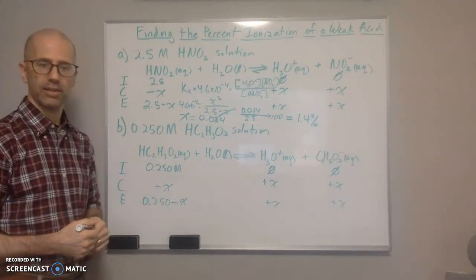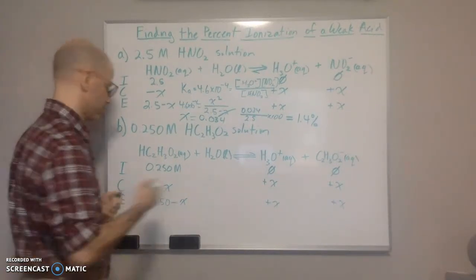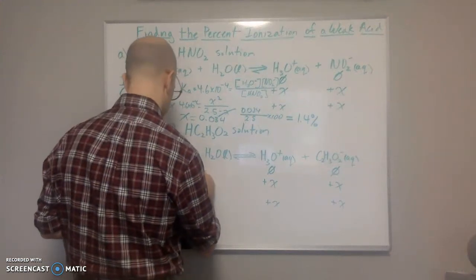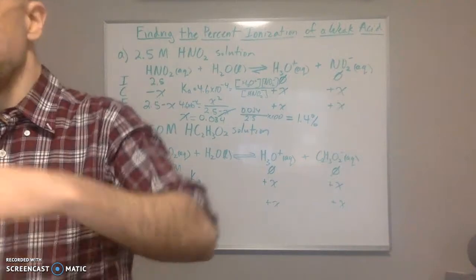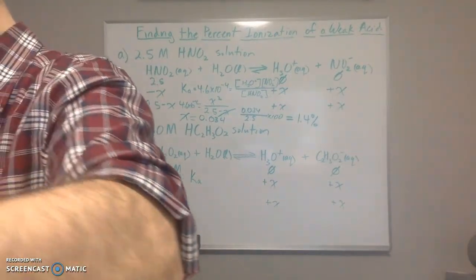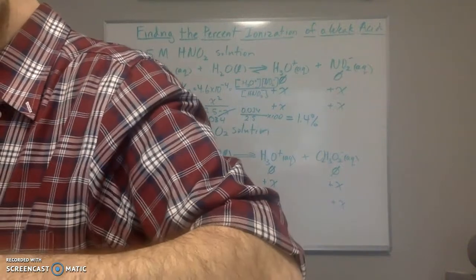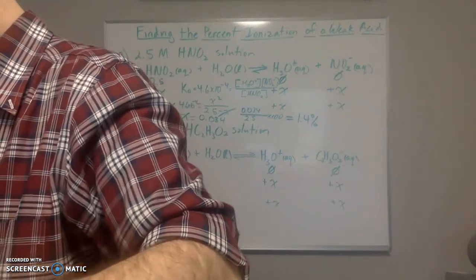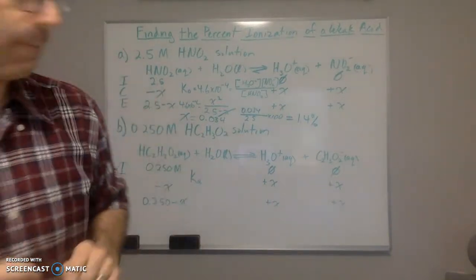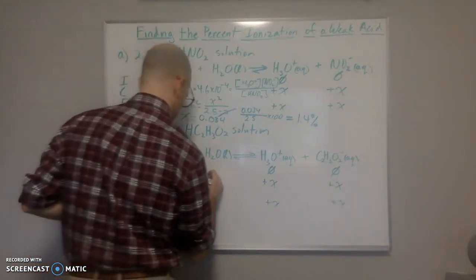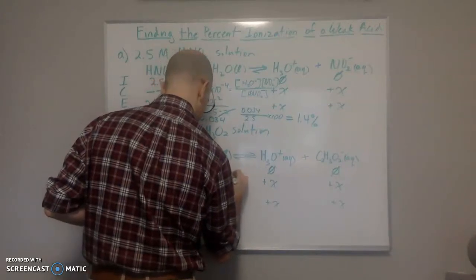Now we're going to set up our Ka expression and plug in the equilibrium expressions. Okay, so the Ka value for acetic acid is, let me look that up. Okay, so the Ka value is 1.8 times 10 to the negative 5.